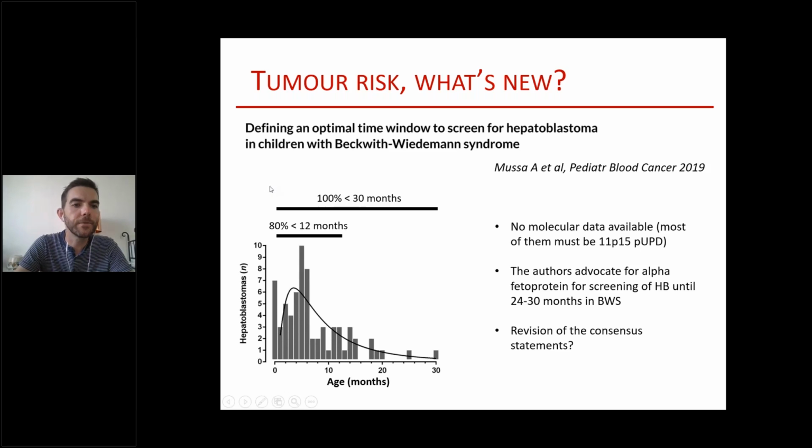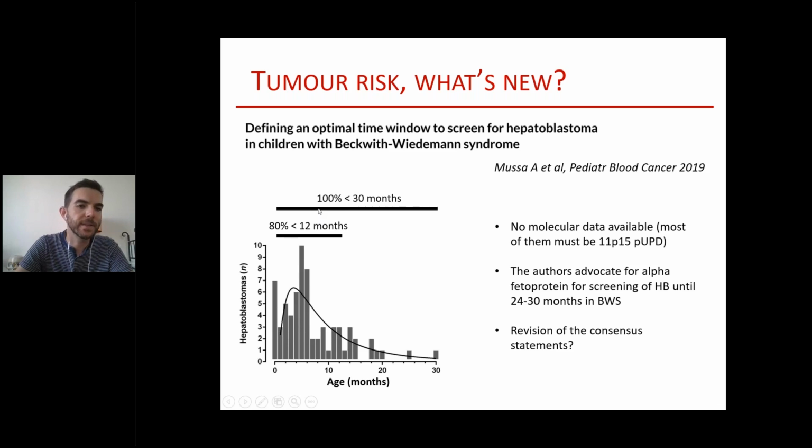They made a huge review of the literature and included their own patients in this paper. They looked at the age of occurrence of hepatoblastoma in children with a confirmed diagnosis of BWS. They established that in this specific condition, the risk of hepatoblastoma is especially high during the first 12 months of life, because 80% of the hepatoblastomas occurred before the age of 12 months.